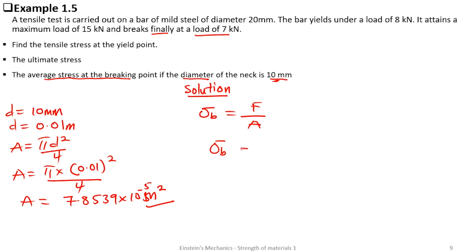So the force was 7 kilonewtons over the new area. Don't use the old area because it was 20 millimeters when it was yielding and it attained the maximum load. But when it was finally breaking, the diameter reduced from 20 to 10, giving us this area. So we are using this area at the breaking point.